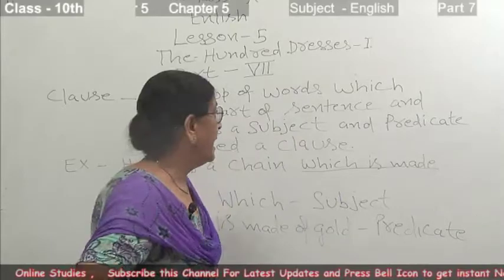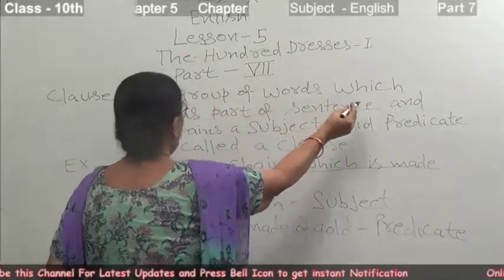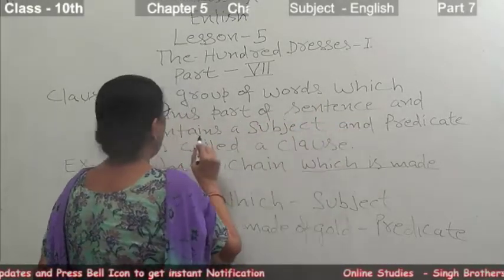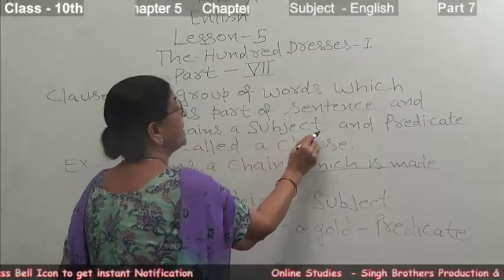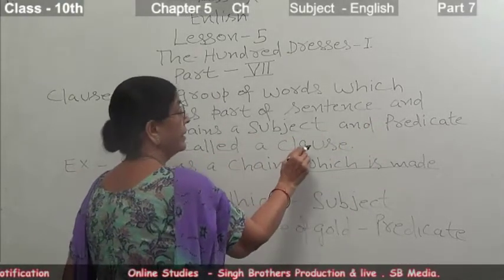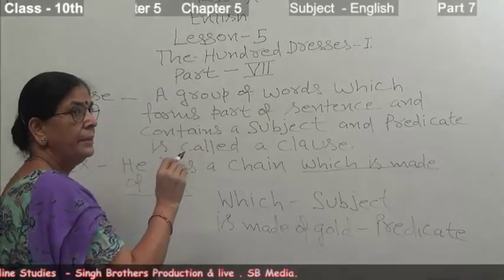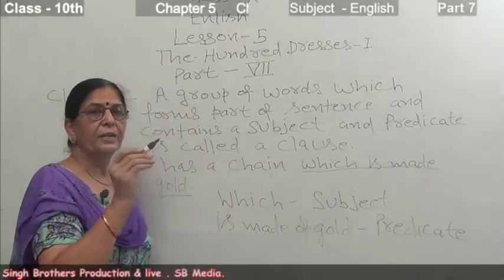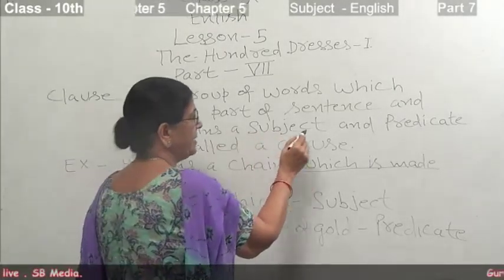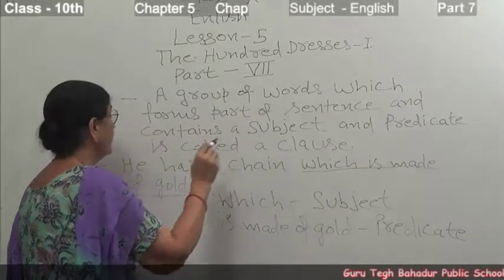As far as a clause is concerned, a group of words which forms part of a sentence and contains a subject and predicate is called a clause. So, a group of words that makes a part of another sentence and has a subject and predicate also is called a clause.